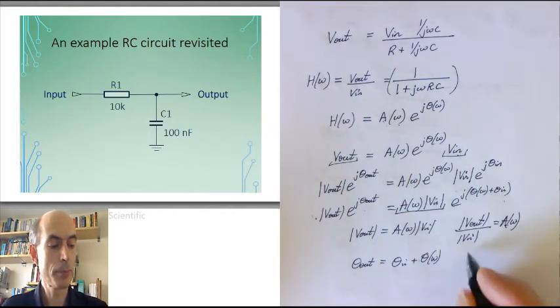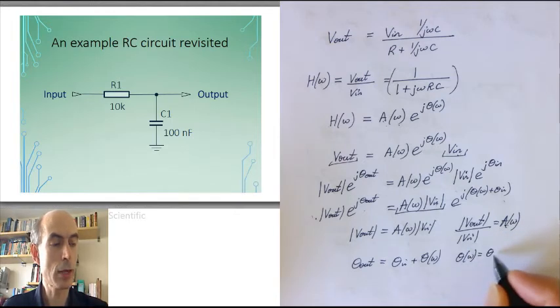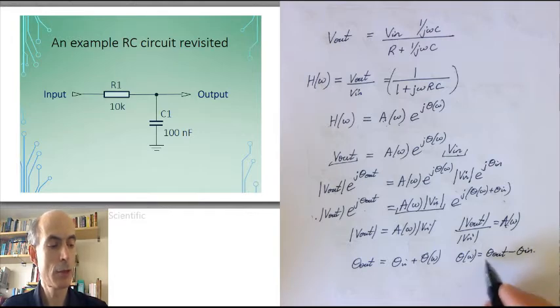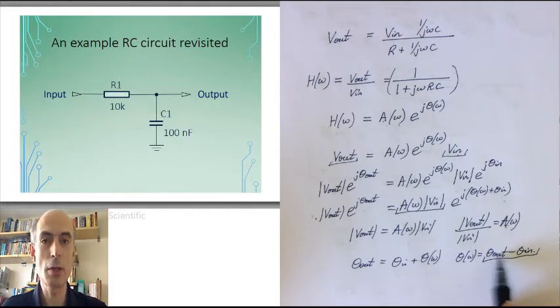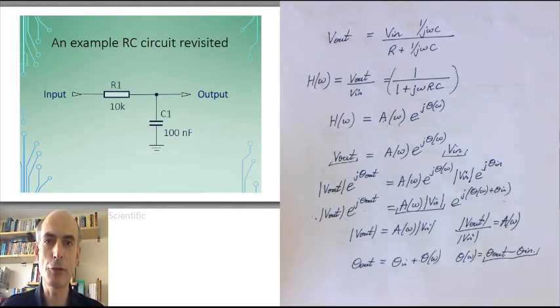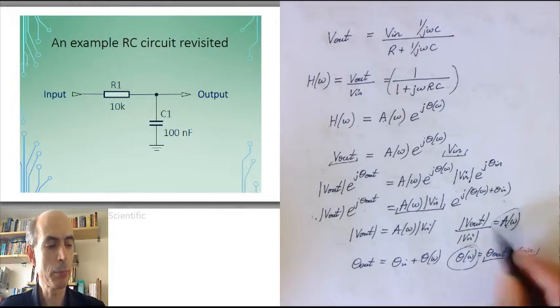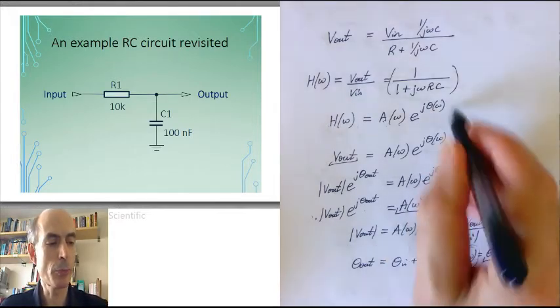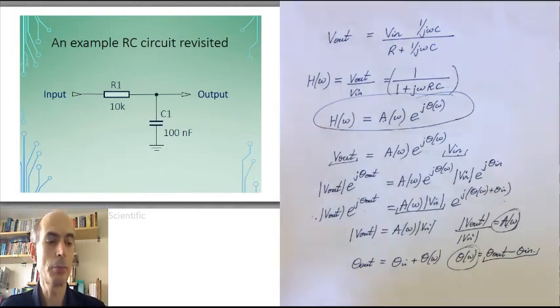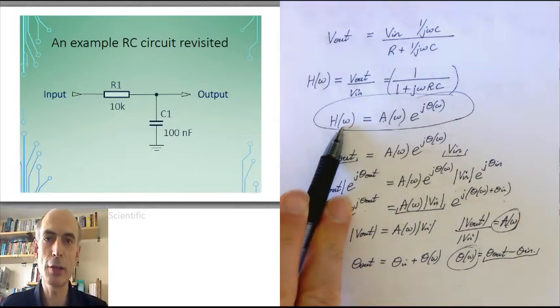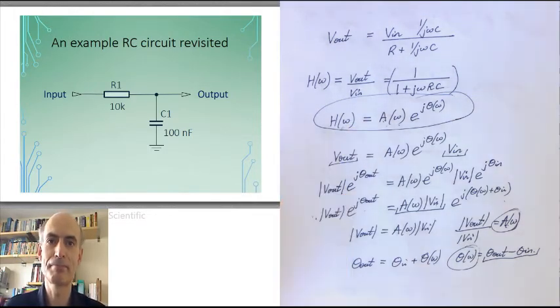So in other words, theta omega equals theta out minus theta in. It's the difference in phase between the output and the input. In other words, the phase response. And combining the phase response with the amplitude response in this way gives me what I will refer to as the frequency response.